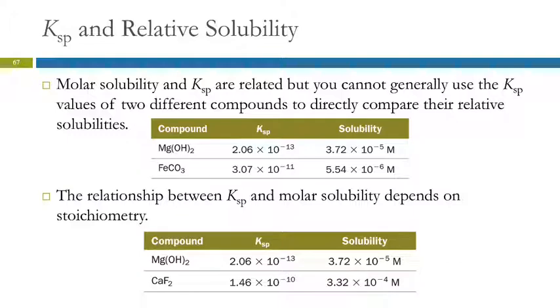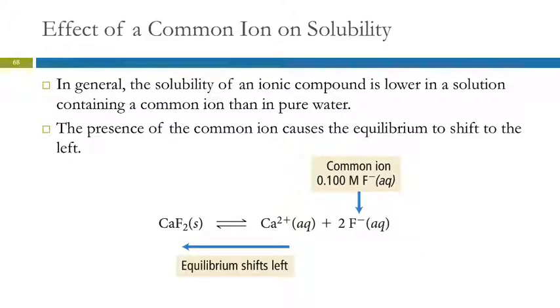Okay, so how can the molar solubility be different at the same temperature if KSP is the same? Well, if you have other things in solution. If we have a common ion in solution, that's going to reduce the solubility of the ionic compound. So if we're dissolving calcium fluoride, it forms calcium ions and fluoride ions.